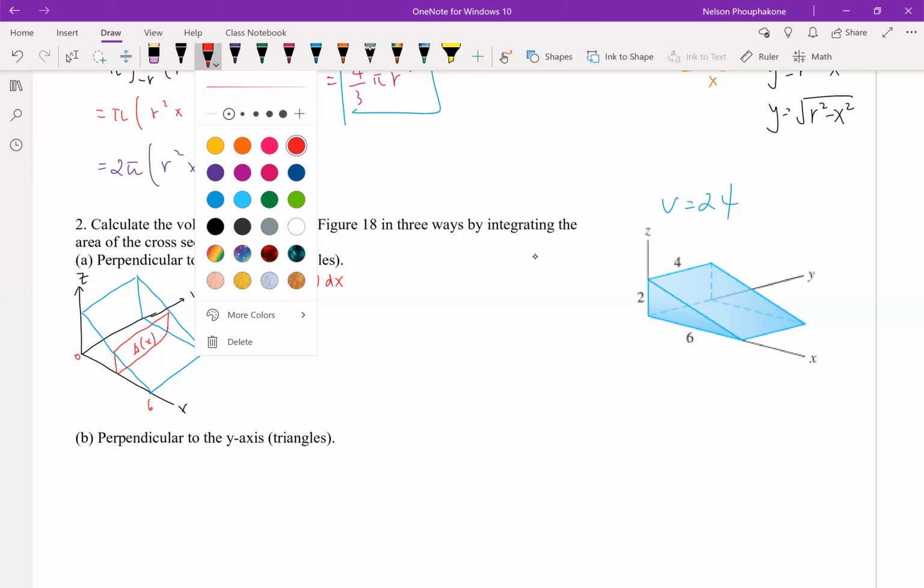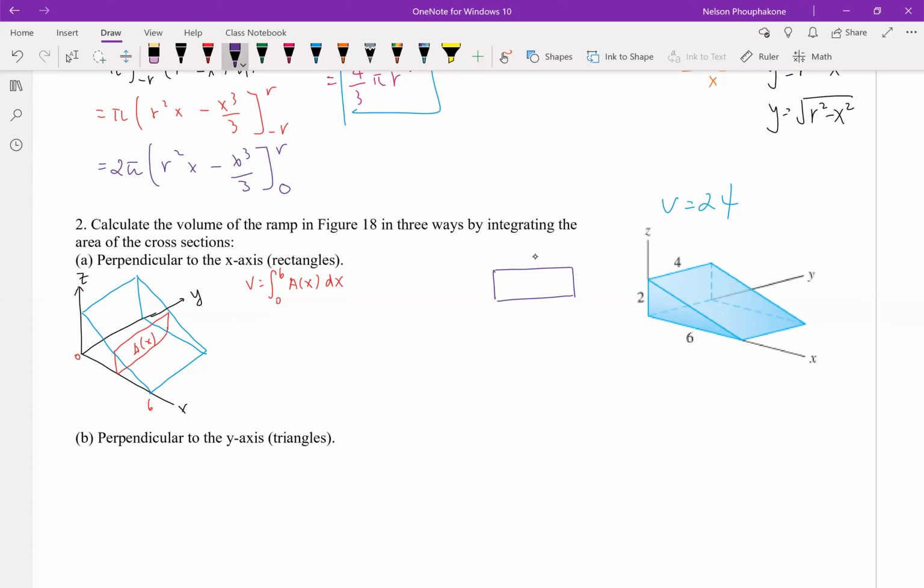If we take a look at this right here, we will have 4 here, and this is 2. If I say that this is a, the cross-sectional area will be 4 times a, right? 4a. But one thing is how do we find a depend on x? Because again, I would like to have everything depend on x.